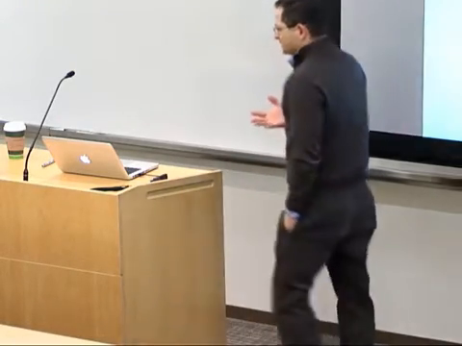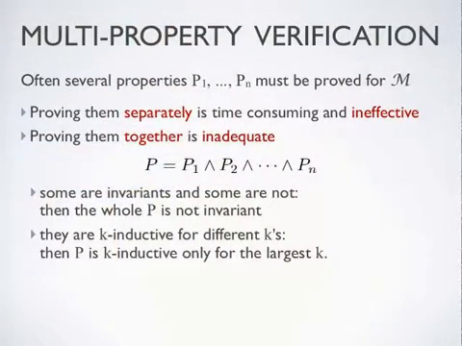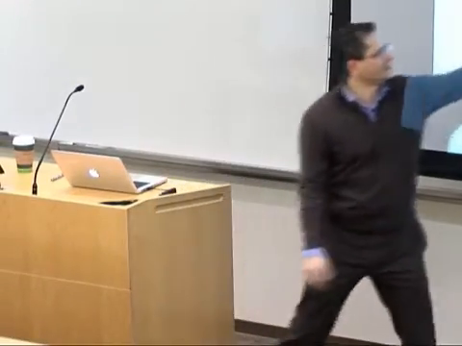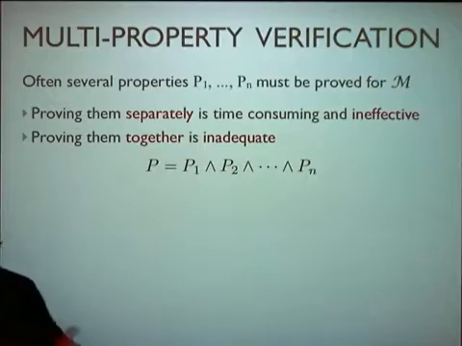You can't prove them separately, it takes forever, it's inadequate. You can try to prove them together as a conjunction, but then if any one of them is not invariant, you're done. The conjunction is false, so that breaks down if you do it in this naive way.